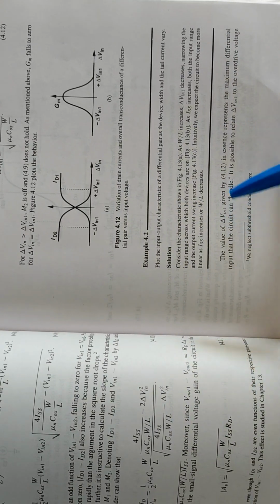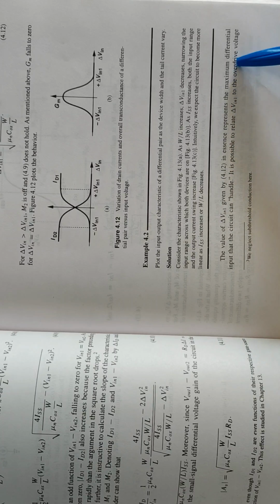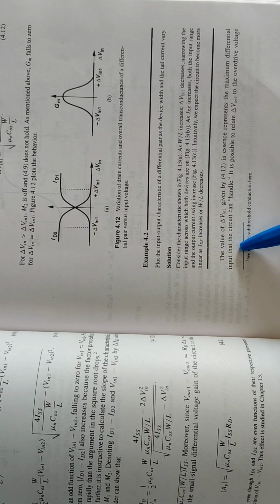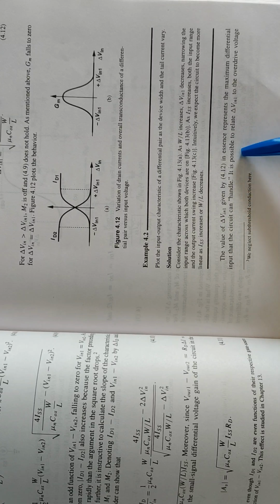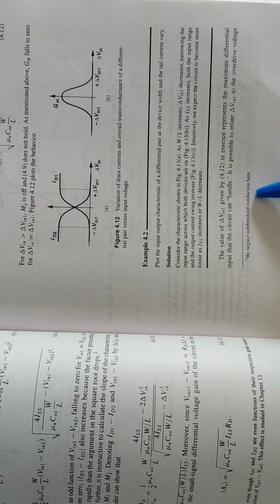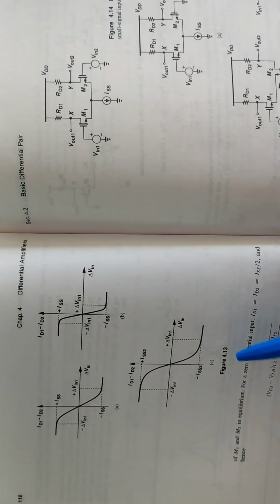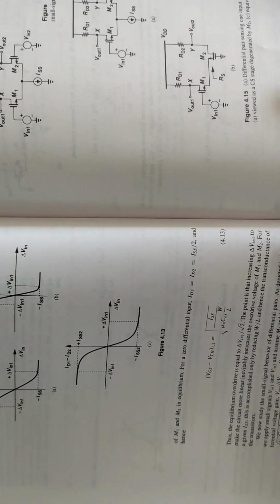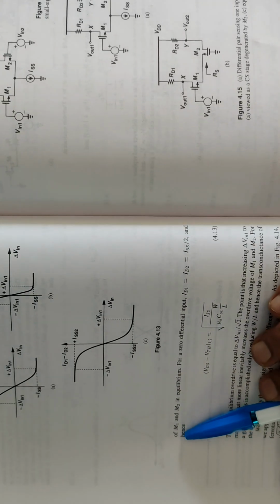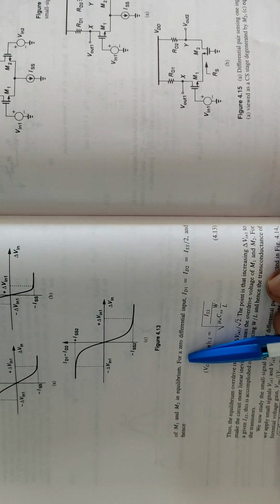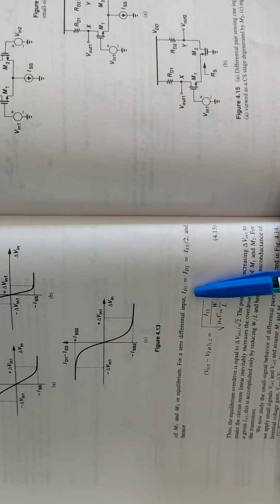The value of ΔVin1 given by the equation in essence represents the maximum differential input that the circuit can handle. It is possible to relate ΔVin1 to the overdrive voltage. We neglect threshold conditions here. Here you can see the figure of M1 and M2 in equilibrium for a zero differential input.